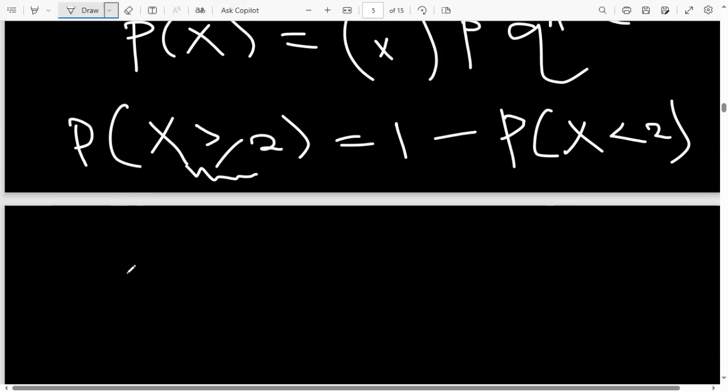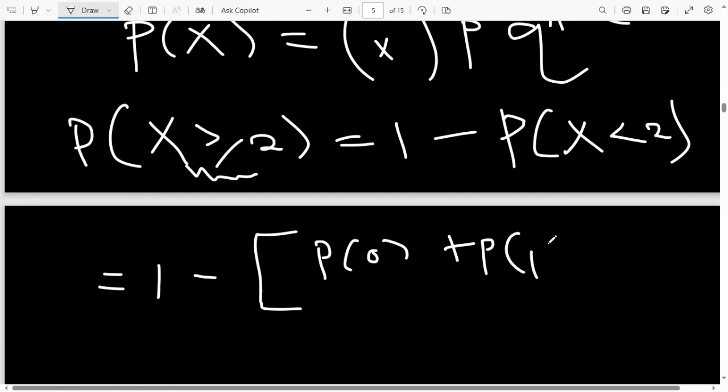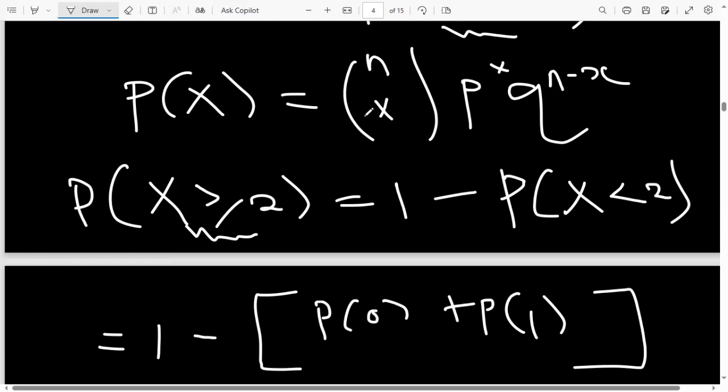It will be 1 minus, and then the probability of this will just be the probability of 0 plus the probability of 1, because we want to find the probability that's less than 2. We can find the probability of 0 and the probability of 1 using this formula here.